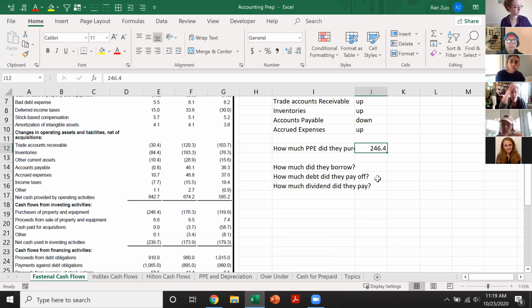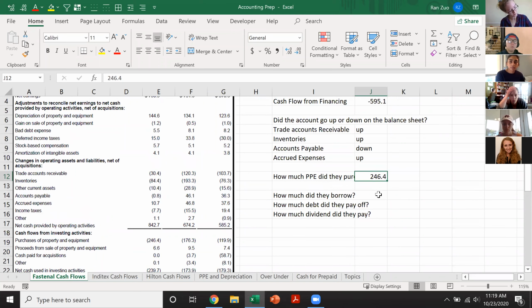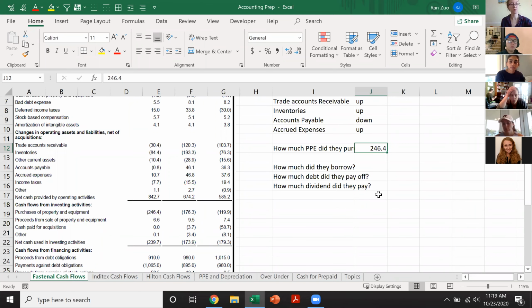Can you talk a little bit about how the PP&E could also be under operating expenses? I feel like in class you talked about how some companies could put some of these things under operating or investing, but choose to do it under investing. If their business model is to buy and sell PP&E, like if they make machinery, I could see that under operating.